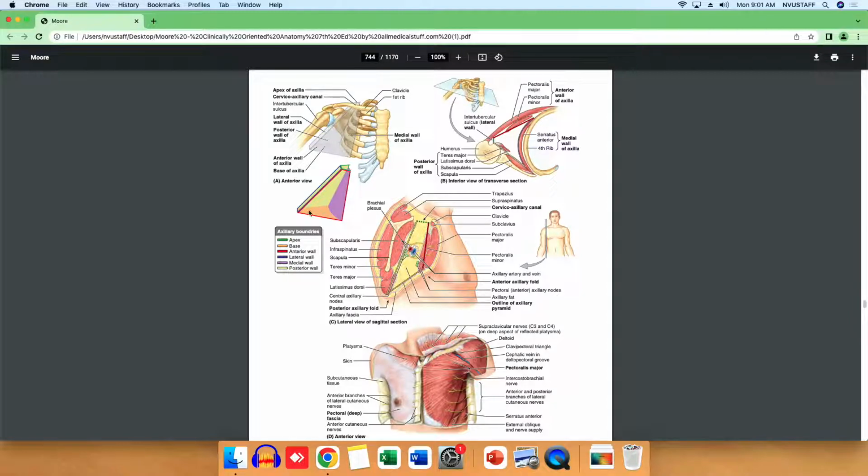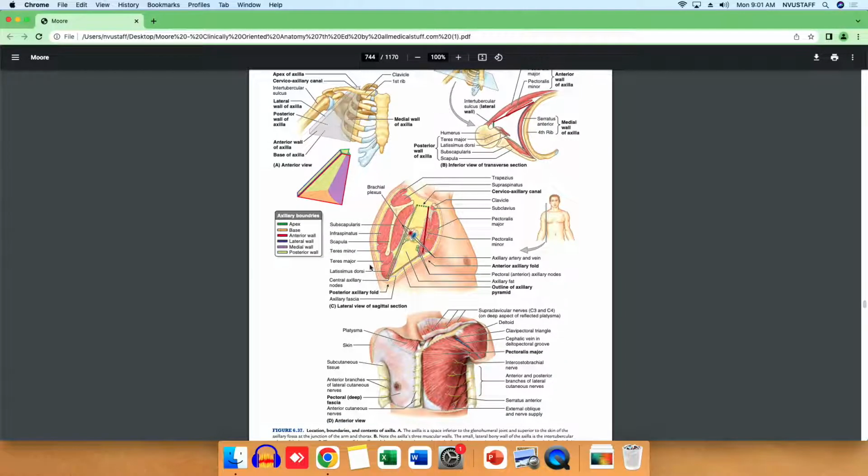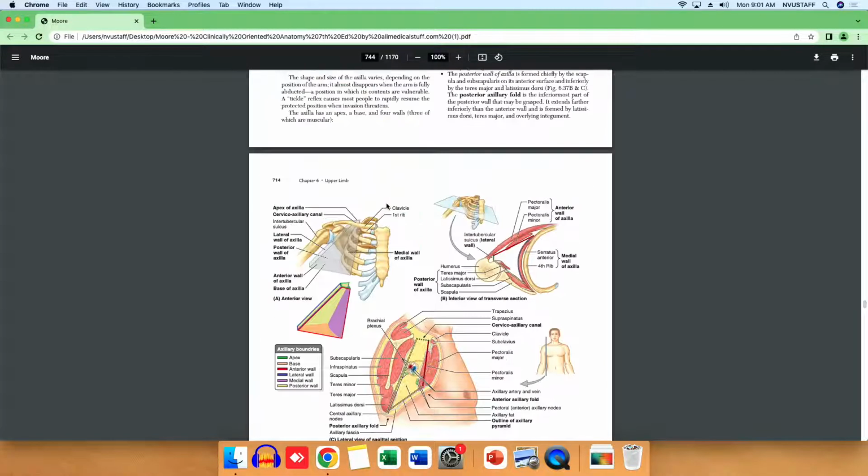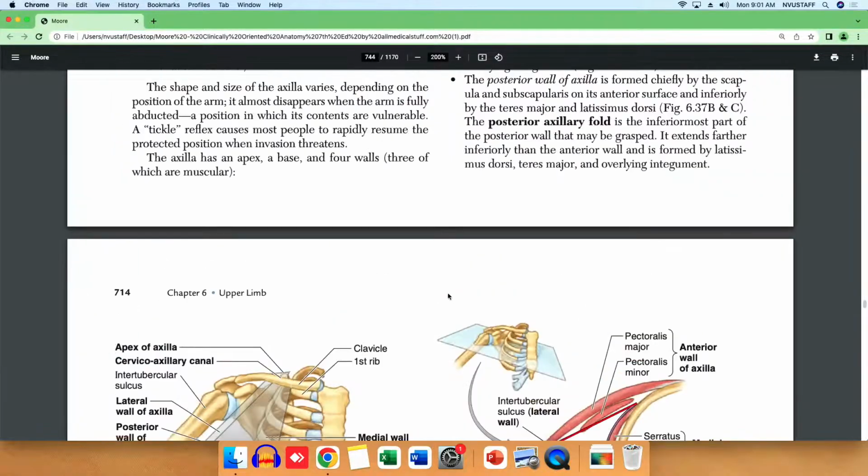So here you can find how the axilla, literally, this space, looks like. You can see here also picture B with the different cross sections, as well as the lateral view of the axilla here, as well as the simple anterior view. So let's start with the very first part here.